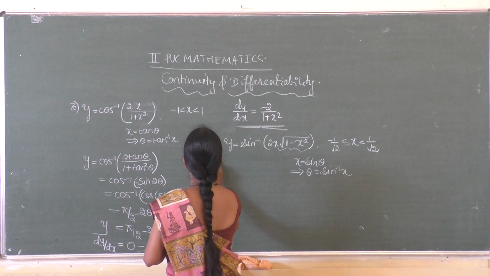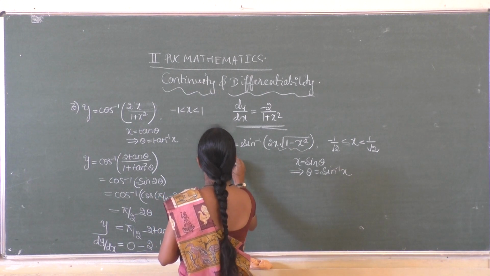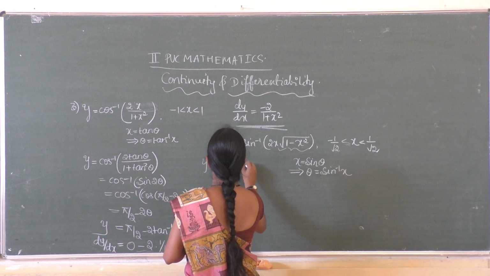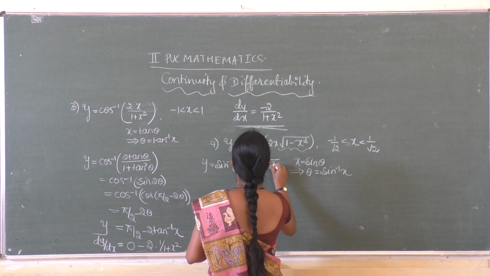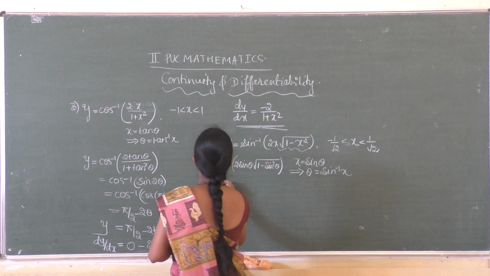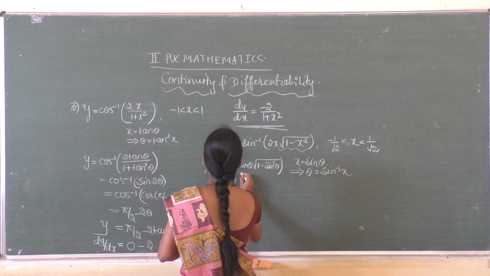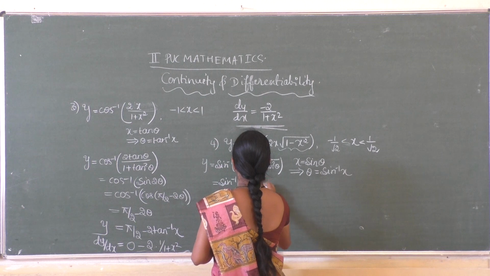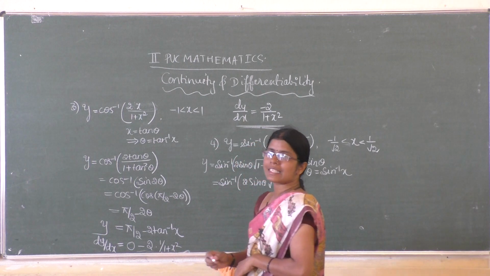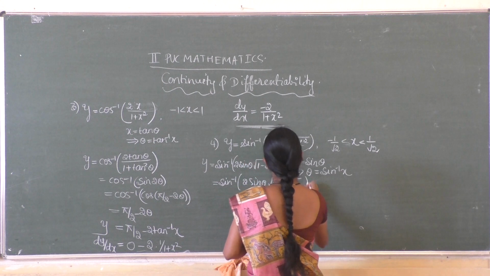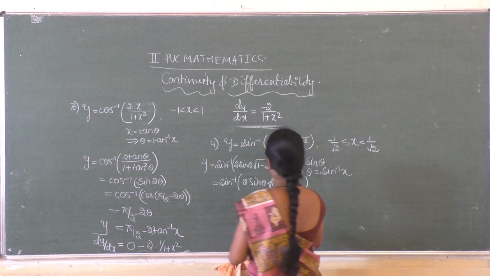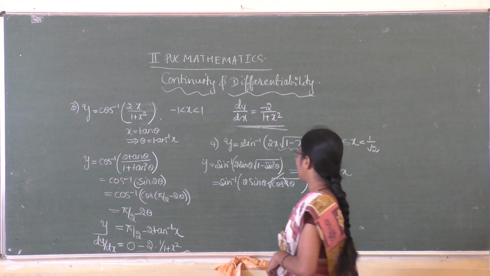So y equal to sin inverse of 2 sin theta into root of 1 minus sin square theta. Root of 1 minus sin square theta is nothing but root of cos square theta. So square root and square cancel, and you are getting cos theta.